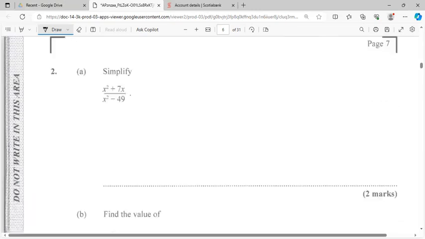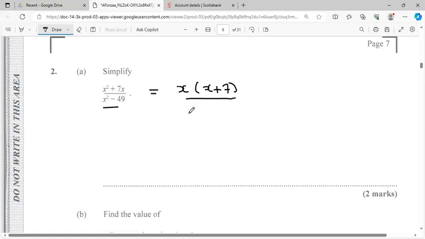Number 2 says simplify x squared plus 7x divided by x squared minus 49. So basically we just have to factorize. So x is common to the top. X into that leaves x, and x into 7x would leave 7. Everybody should know how to factorize. And this one is a difference of two squares.